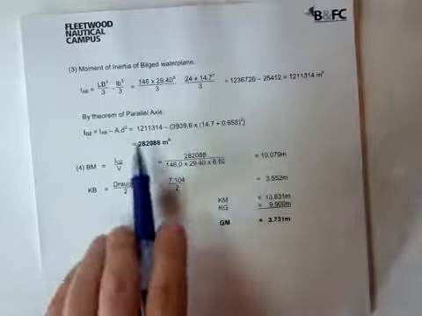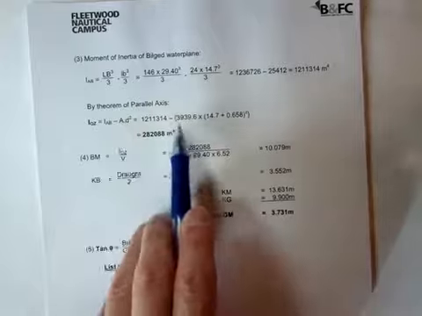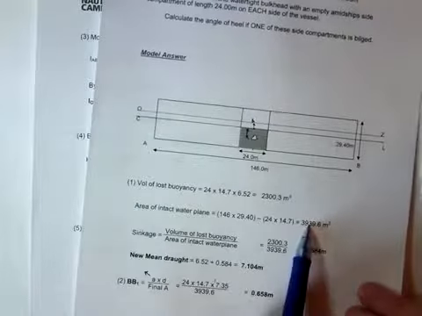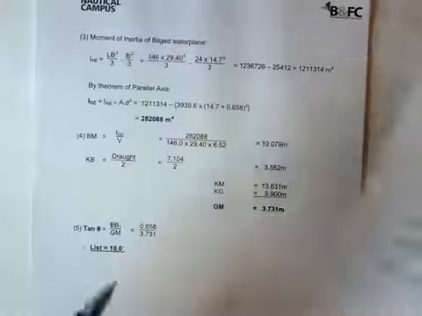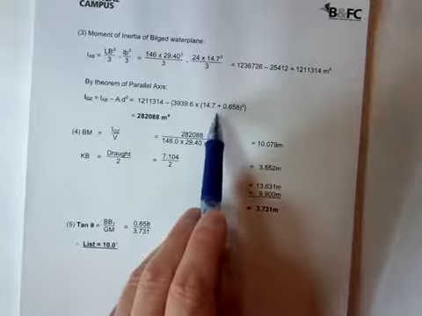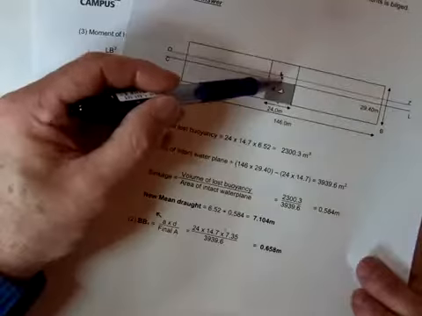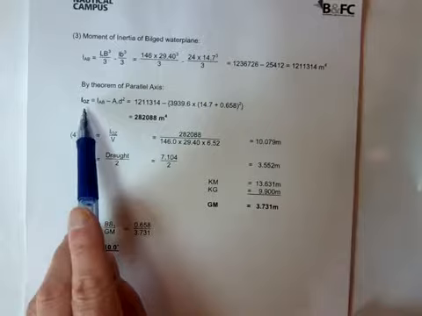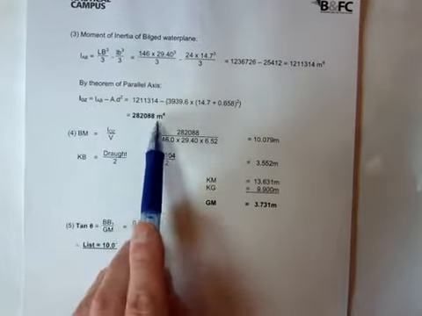So as you can see here, we're going to say, okay, 1211314 minus the area 3939.6, which is the area of the intact water plane, multiplied by the distance from there to there, which is going to be 14.7 plus B to B1, 0.658, squared. We work that out, and that gives us the inertia we want on our new off-centre line, 282088 metres to the fourth.